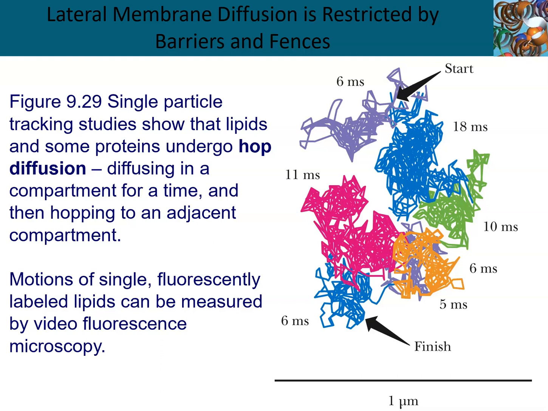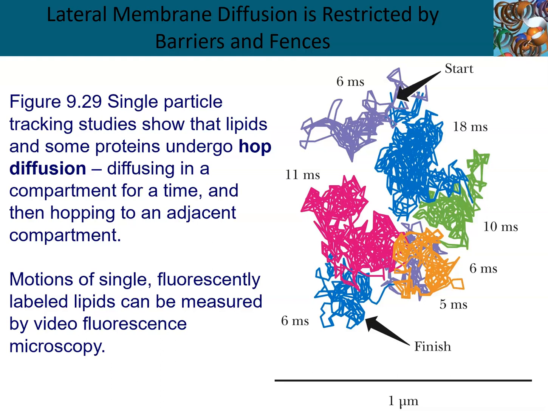And if you fluorescently tag a lipid, you see it move around through lateral diffusion within a defined region for a block of time, and then it'll hop into a new region. And this is called hop diffusion.